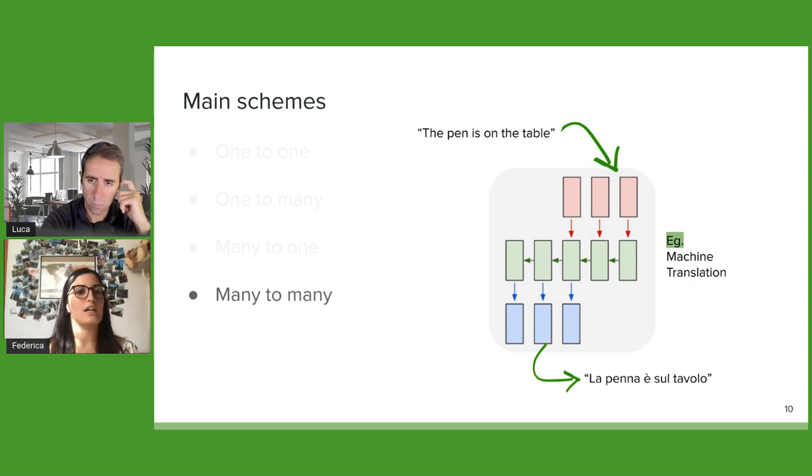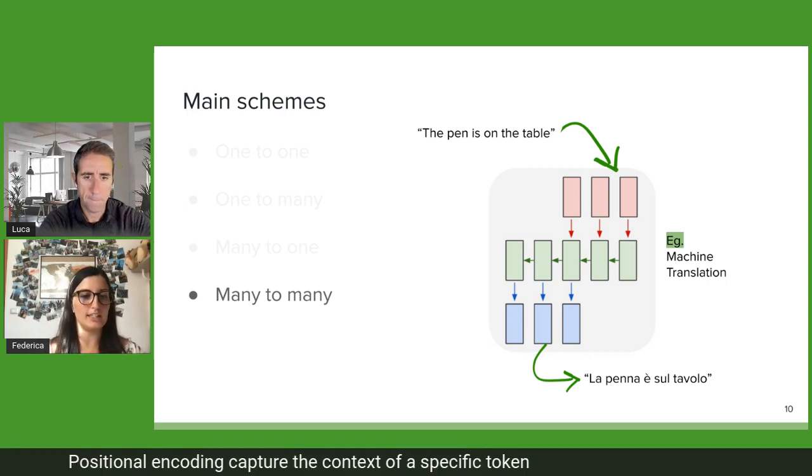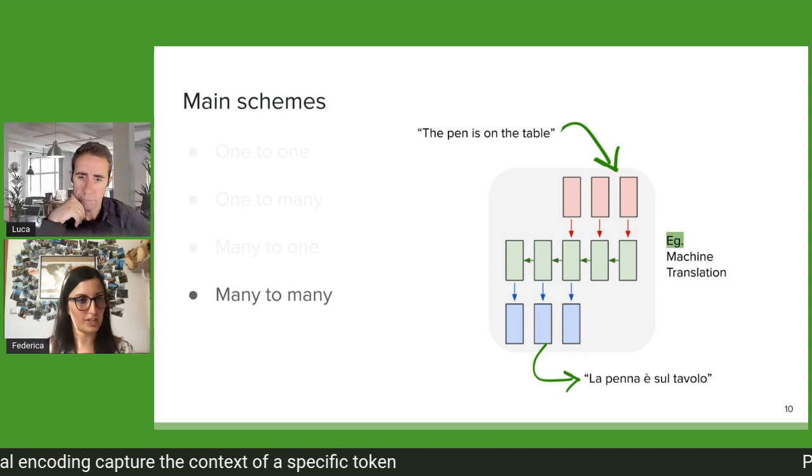So for instance, if you say the red pen is on the table, by knowing that red is near to pen, you know that that adjective is related to pen and not to table. So it's the pen that is red and not the table, okay? Instead, if you use only embeddings, you cannot retrieve any information about the relationship or the context and the meaning of the words, okay?